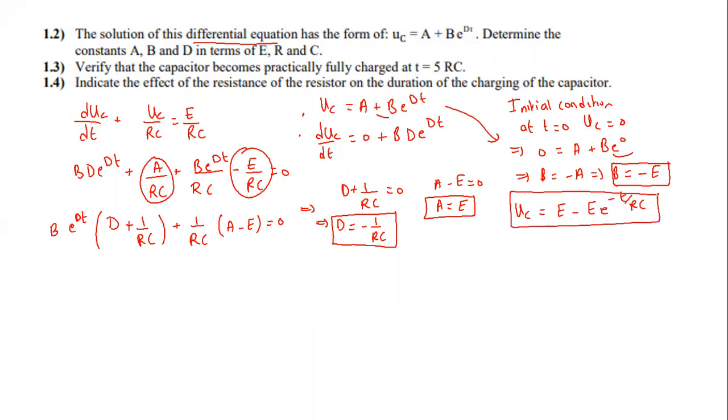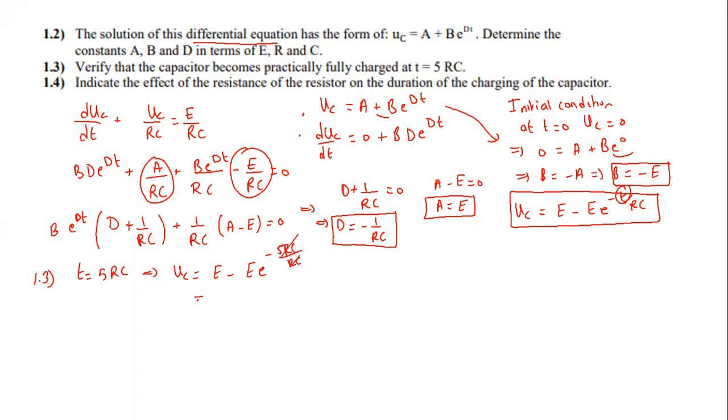This is the solution. Now, part 3: verify that the capacitor becomes practically fully charged at t equal 5 tau, 5 RC. In order to verify, we substitute. At t equals 5 RC, I have UC equal E minus E exponential of minus 5 RC over RC.